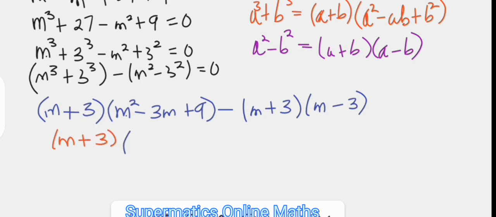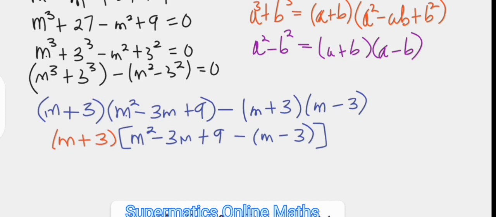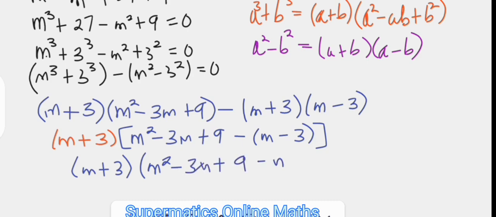M plus 3 times m squared minus 3m plus 9 minus m minus 3. This becomes m plus 3 multiplying m squared minus 3m plus 9 minus m plus 3.